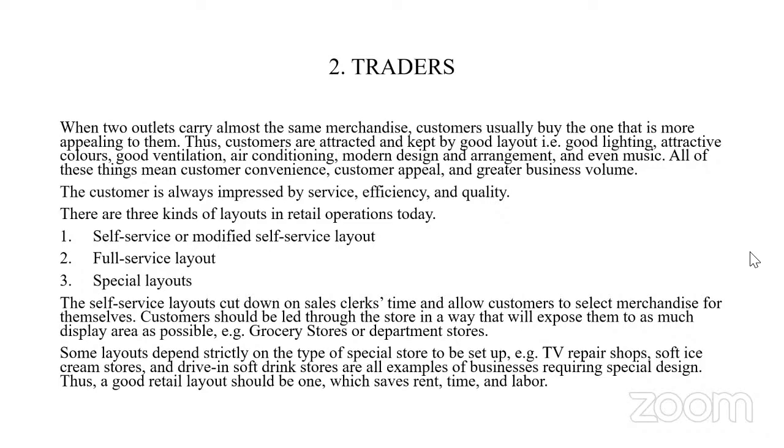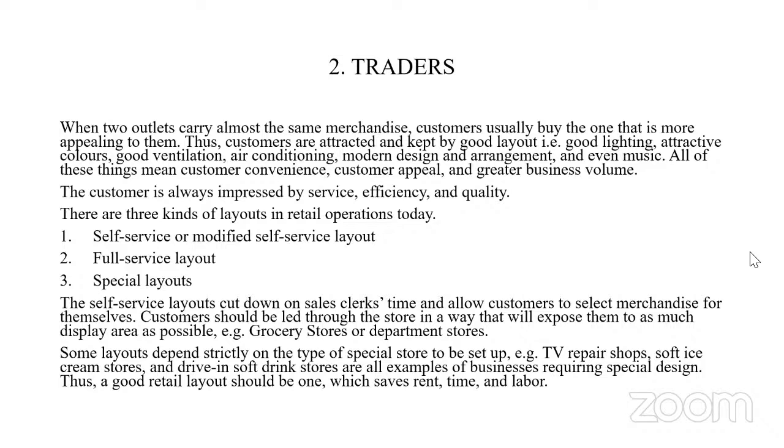There are three kinds of layouts in retail operations today: self-service or modified self-service layout, full service layout, and special layouts. The self-service layouts cut down on sale clerks' time and allow customers to select merchandise for themselves. Customers should be led through the store in a way that will expose them to as much display area as possible. Example, grocery stores or departmental stores.